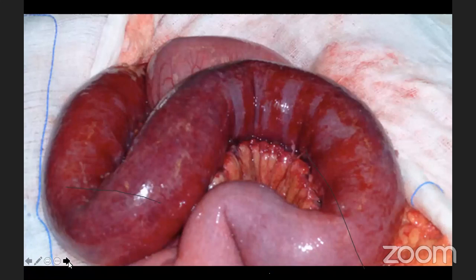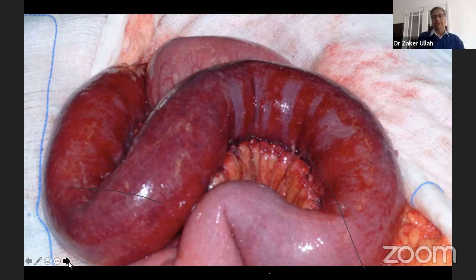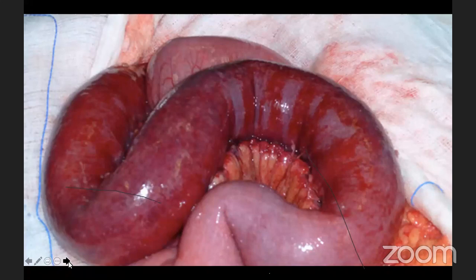Sir, by tapping with hand we can understand if there is peristalsis. No peristalsis, absolutely not, for 15-20 minutes you have been trying. No peristalsis. Now, sir, I will see the mesenteric vessels supplying this gut, whether they are also pulsating or not. And if not possible, sir, I can prick with a needle to see the blood.